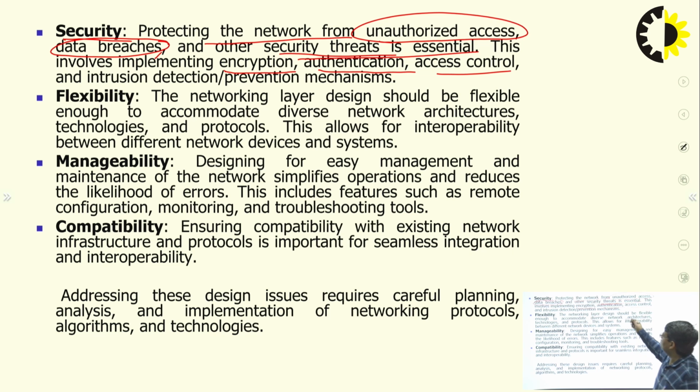There should be some authentication checking mechanism to check whether the user who wants to access the network is authentic or not. Only the authentic user should be able to access the network. To achieve this, we can also implement prevention mechanisms and detection mechanisms.